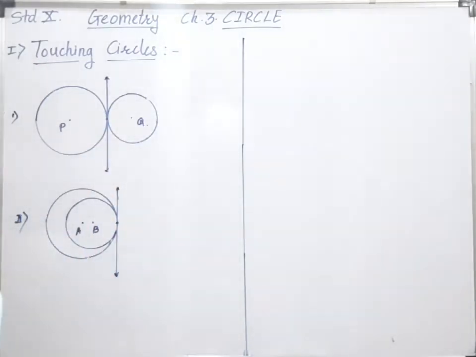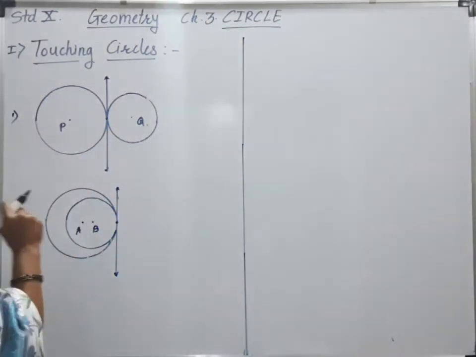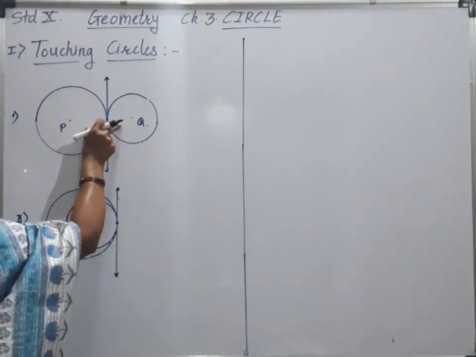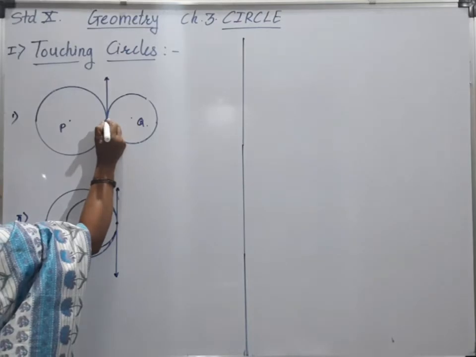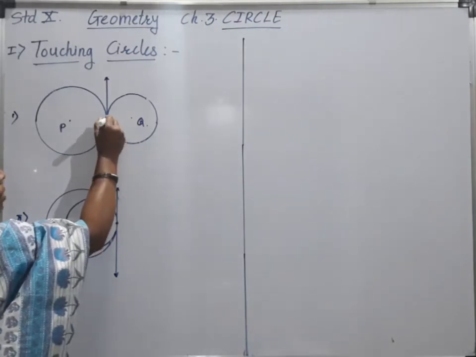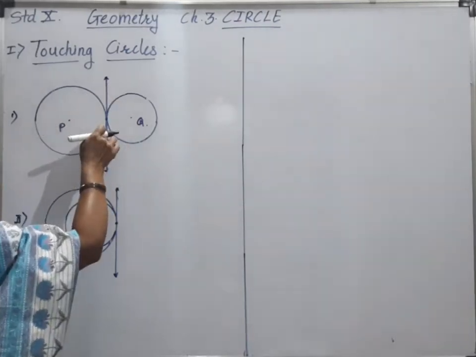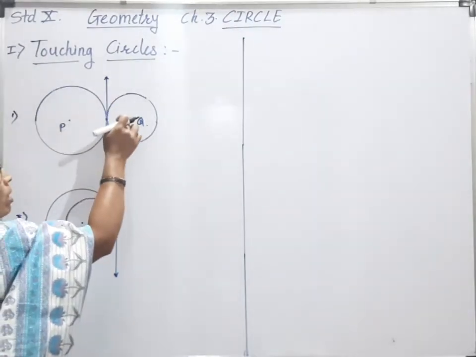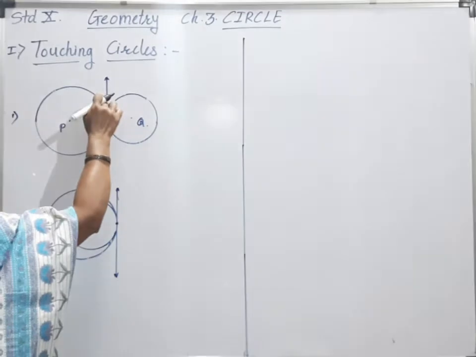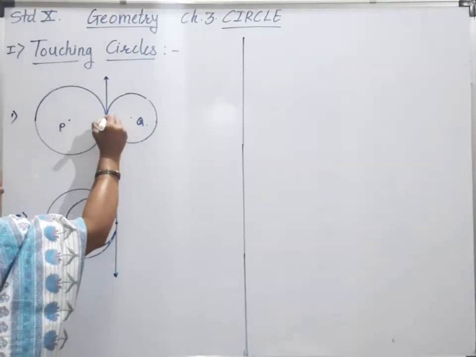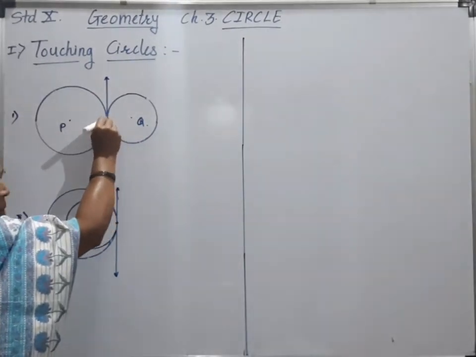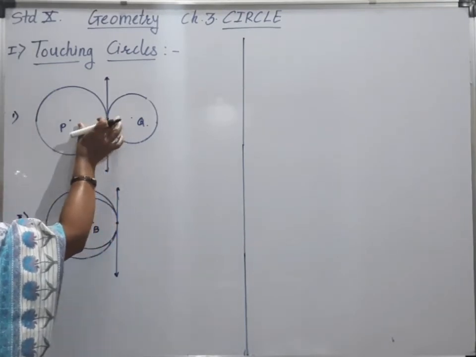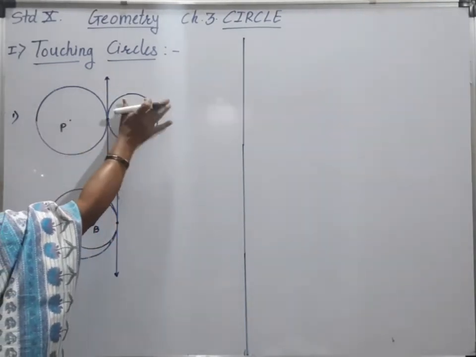Now in the first figure you can see two circles, and in these two circles only one point is common. And this line, which is a tangent of this circle also, has only one point in common with this circle and this circle. And we can see these two circles are separate.